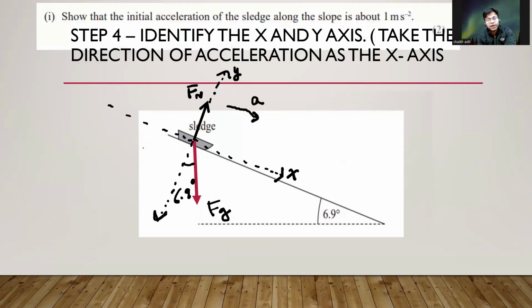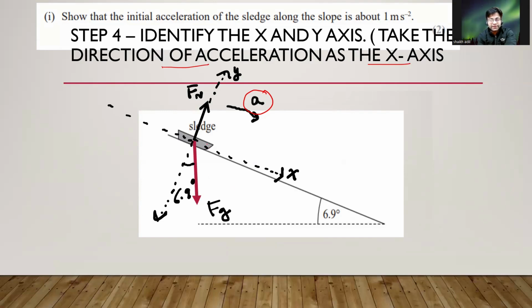Now to solve the next part of the question, which is to find the acceleration of the body, we are going to apply the other steps. Step 4: we identify the x and y axes. We are going to take the direction of acceleration as our x-axis.